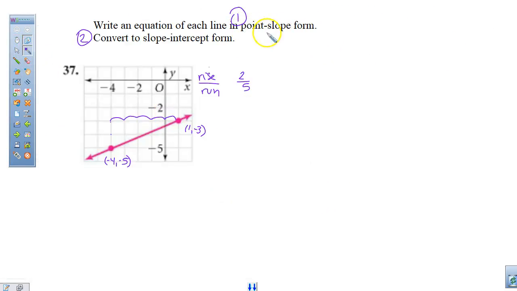So I'm going to start by putting this in point slope form. y minus y1 equals m times the quantity x minus x1. And just like on that last example, it does not matter which point you use. Doesn't matter at all. I'm going to go ahead and use this point right here, (1, -3). So instead of y minus y1, I'm going to do y minus, and now my y coordinate is -3.